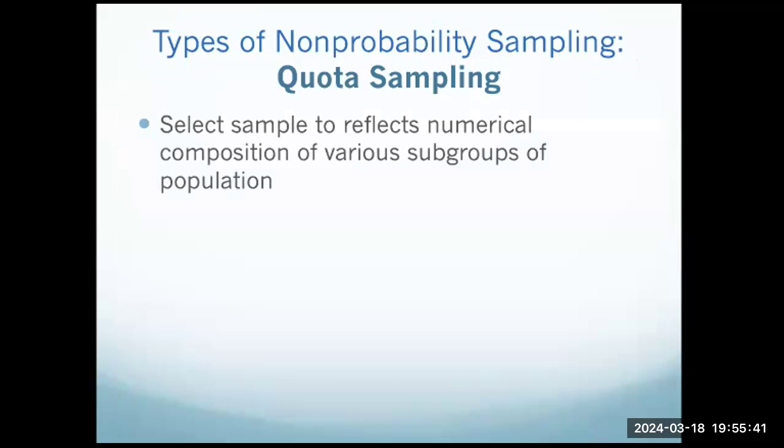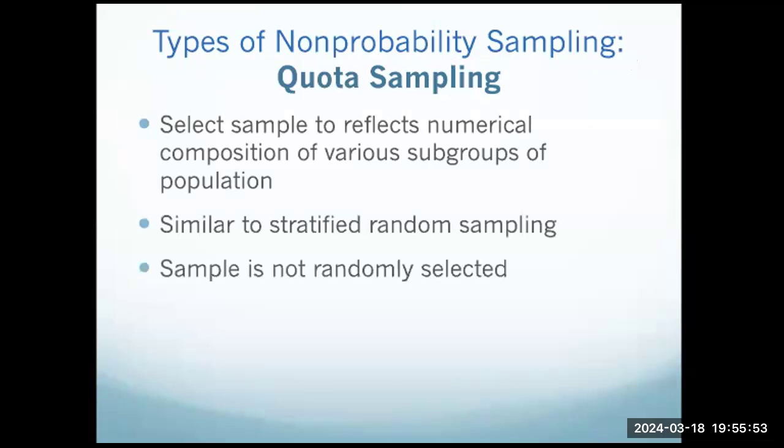So for example, quota sampling would be saying 51% should be female, and we're going to keep collecting till we get that proportion. So it's very similar to stratified random sampling. The difference is that the sample is not randomly selected. So that weakens the external validity and increases the possibility of bias.